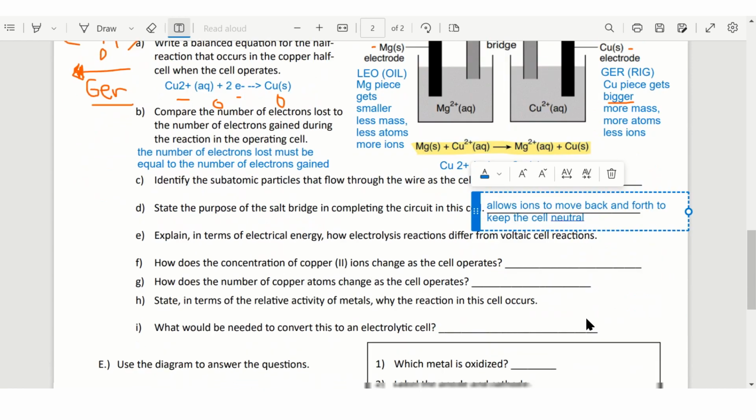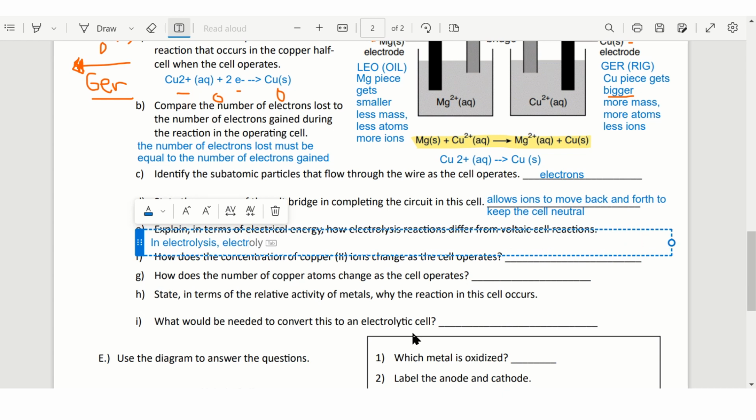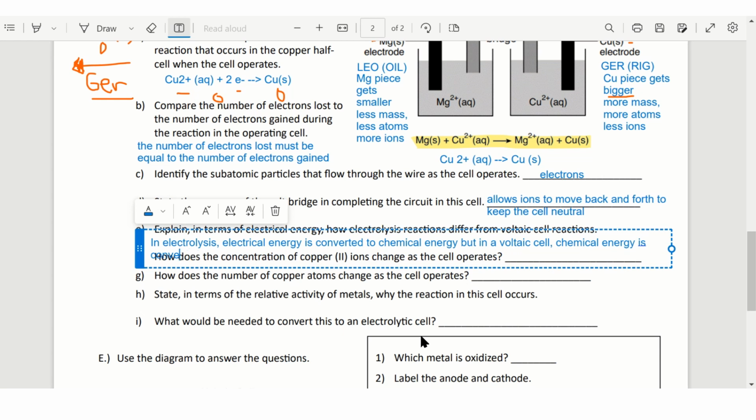Okay, keep it neutralized. Explain in terms of electrical energy how electrolysis differs from voltaic cell reactions. So in electrolysis, electrical energy is converted to chemical energy, but in a voltaic cell, chemical energy is converted to electrical energy.